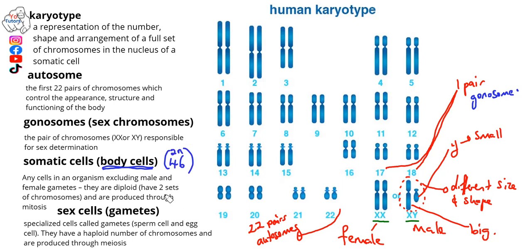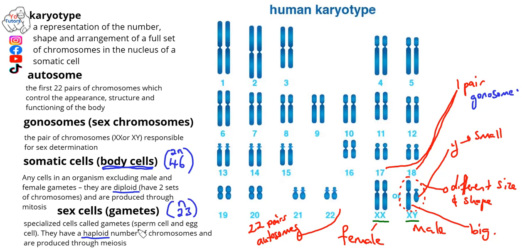But when it comes to sex cells, they have a haploid number of chromosomes. So it's good to remember that diploid is the full set of chromosomes, 2n, which is the 46 chromosomes. Then haploid is half of that, which is n, or 23 chromosomes.